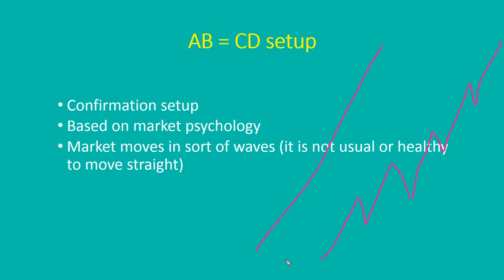It's not usual for markets not to make pullbacks, and it's also not healthy for markets to do crazy movements like this without any pullbacks. With the ABCD setup, you are looking for places where the price will make those pullbacks. So what you look for is basically wave-like movement, like in here.